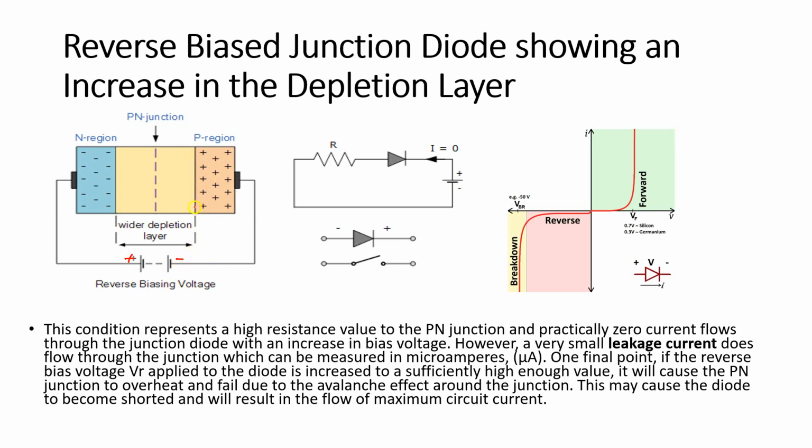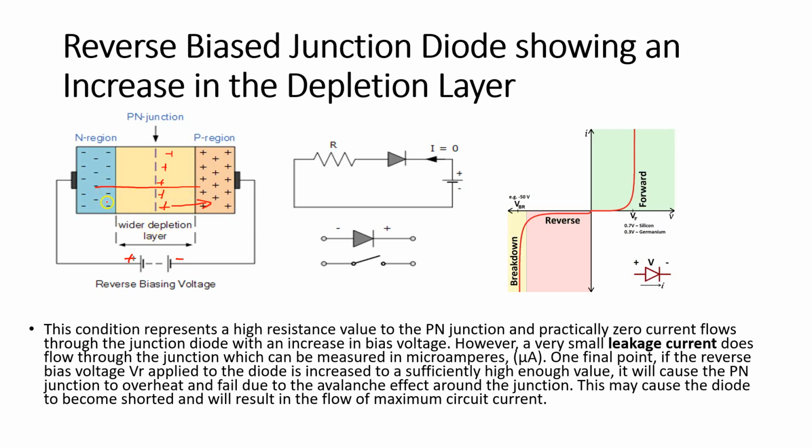When that happens, it creates a much wider depletion region. Why? Because all of those positive charges that would have been here have now moved away from the depletion region, making it harder for free electrons to flow across.